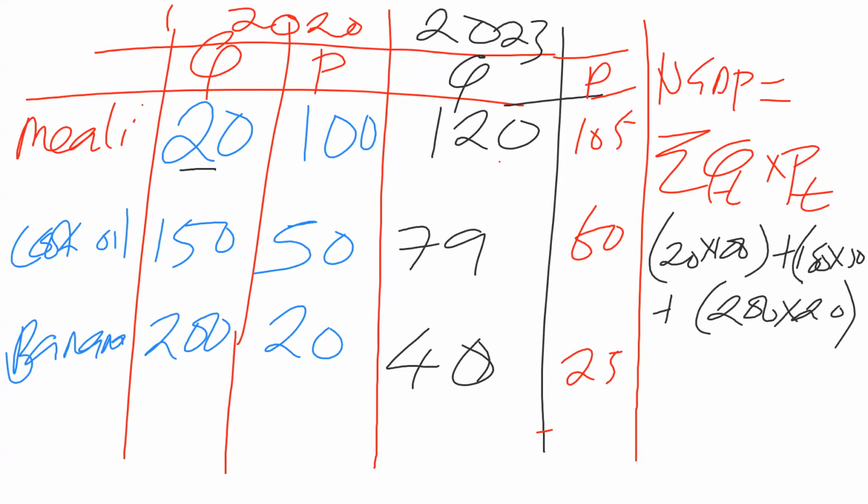Those figures have confused me a bit. Is it about the 150 there? Or is it 79 times 60? No, it's this one. Prices times quantity of the same year. We are solving for 2020, not 2023. That's how you find the nominal GDP.